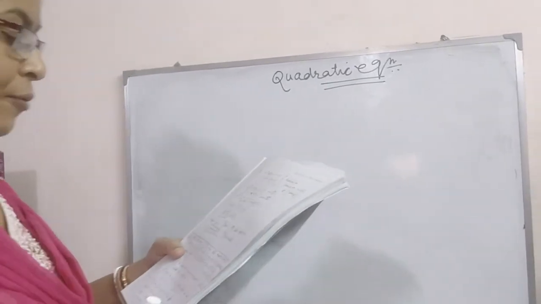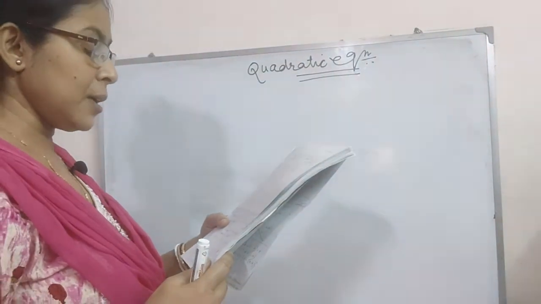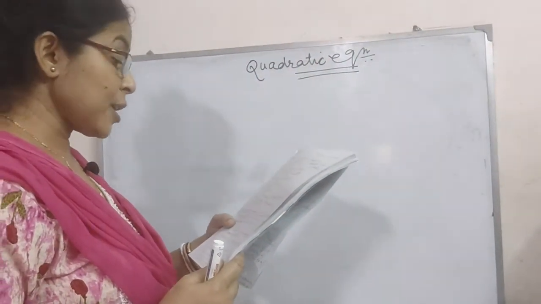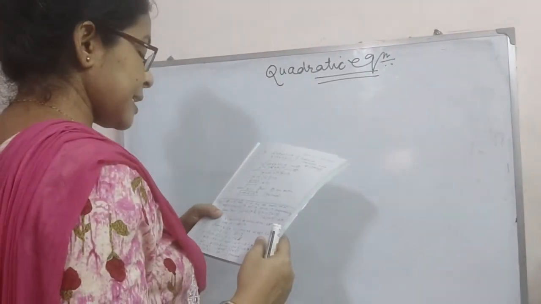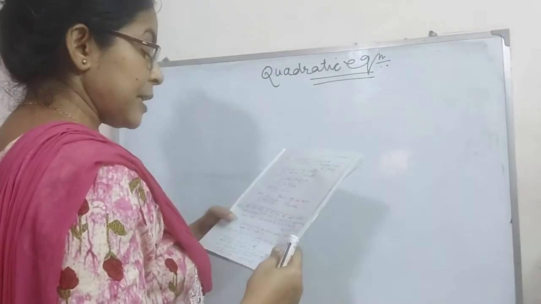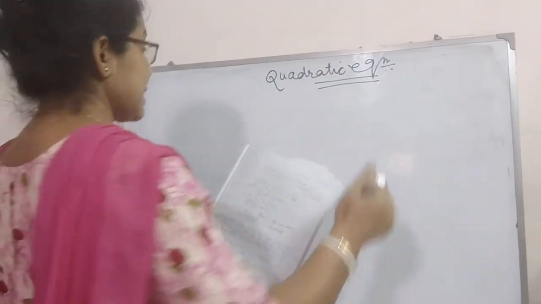If alpha, beta and gamma, delta are the roots of the equations x square minus bx plus c equal to 0 and x square minus px plus q equal to 0 respectively.